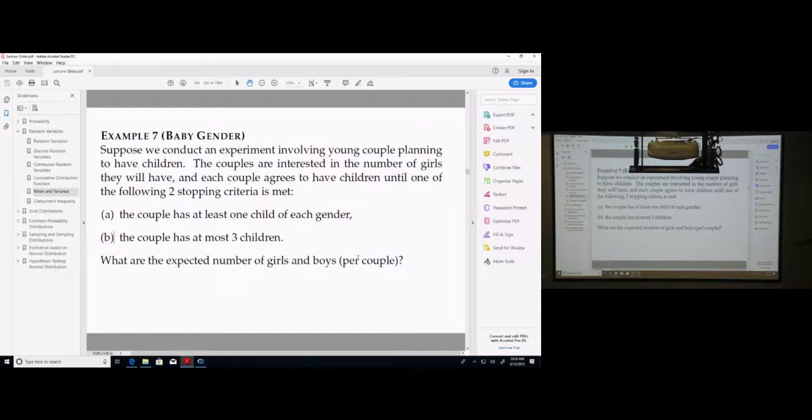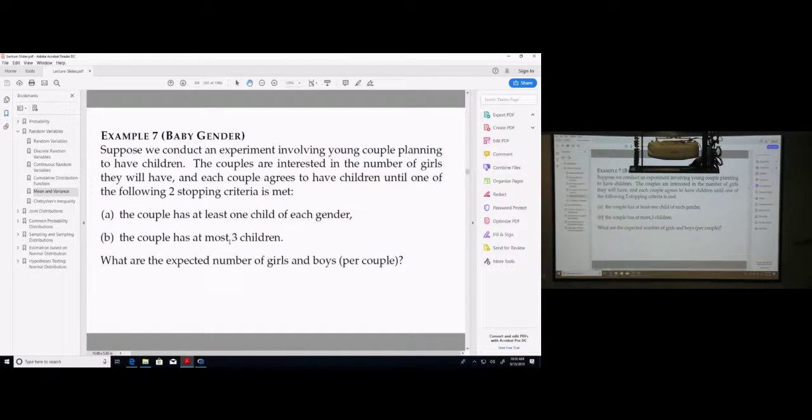All right, the couple has at least one child of each gender. So suppose they have a girl and then a boy, then they will stop having children. Or they have girl, girl, girl; according to the second stopping rule, they stop. Or three boys.